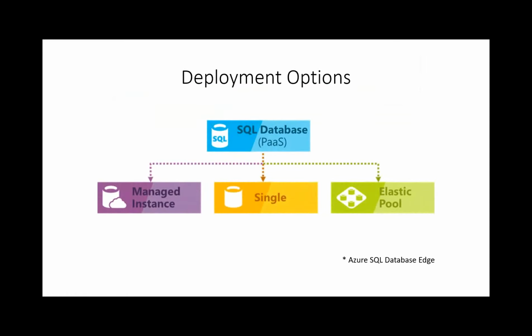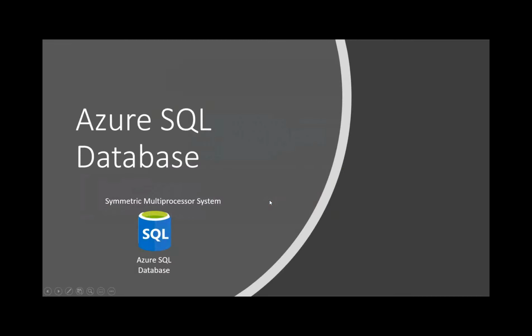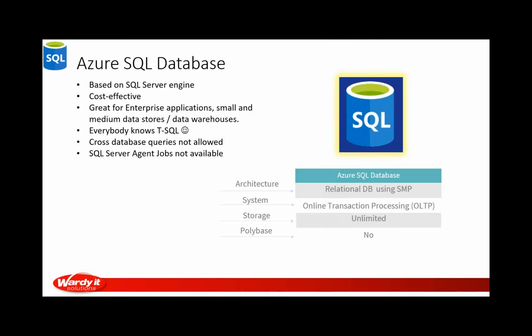Within Azure SQL Database, as I mentioned, you have 3 different deployment options. You can deploy a single database, you can deploy a managed instance, or elastic pools. What we've seen within the Azure SQL Database is that all of them are based on the SQL Server engine. If you were going to start doing something with a single Azure SQL DB, you only need one database with enterprise capabilities, and it'll be a good fit for you.